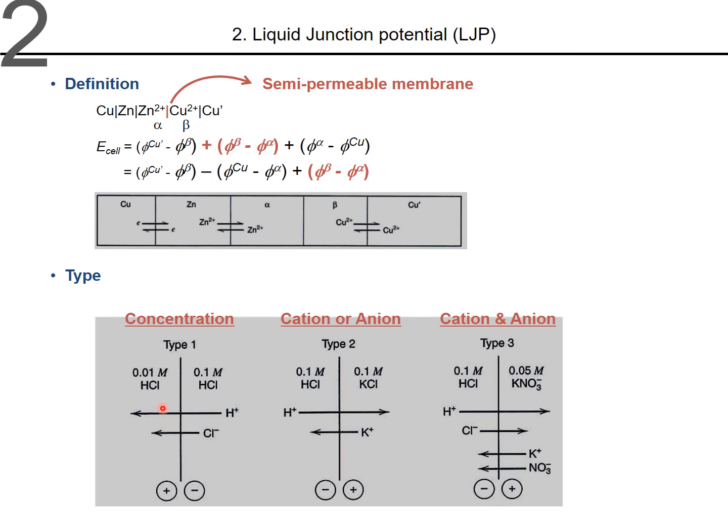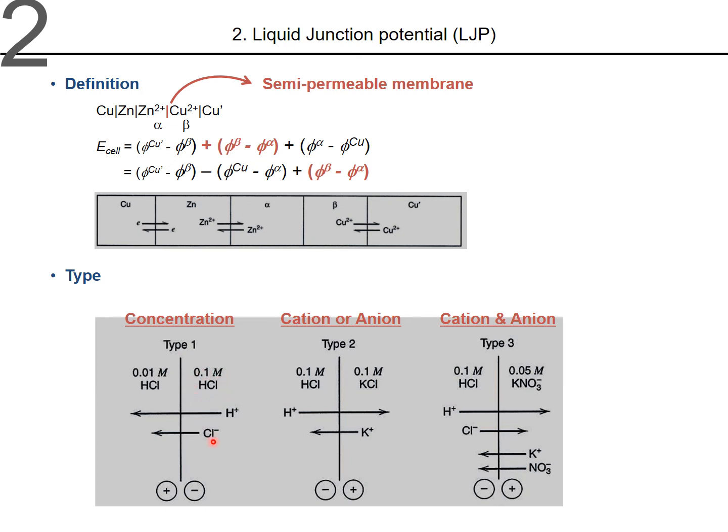In this case, we have the same electrolyte, HCl, but the difference is the concentration. On the left side of the semi-permeable membrane, we have 0.01 molarity of HCl. However, on the right side, we have the more concentrated 0.1 molarity of HCl solution.